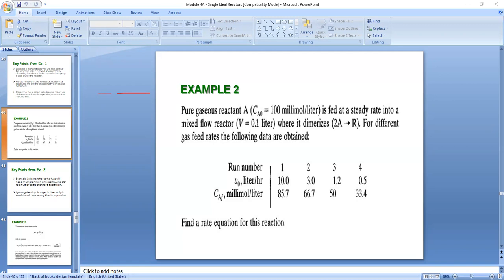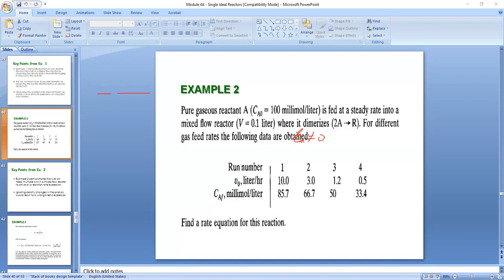So if the reaction is gaseous, automatically your epsilon A will not be equal to 0, meaning it's not a constant density system. Your fractional change in the volume will not be 0 because your reaction is gaseous.